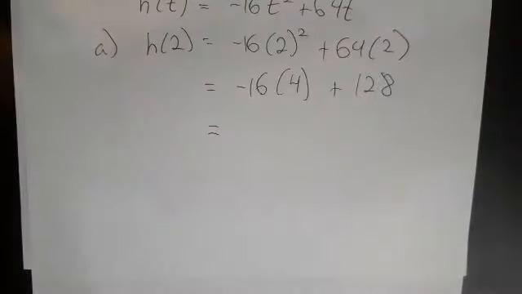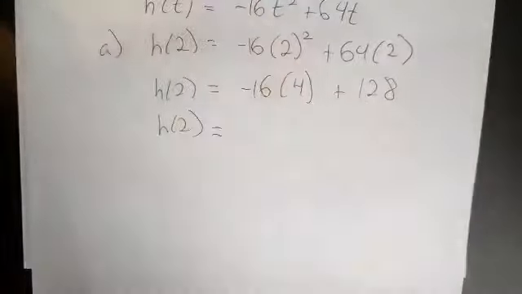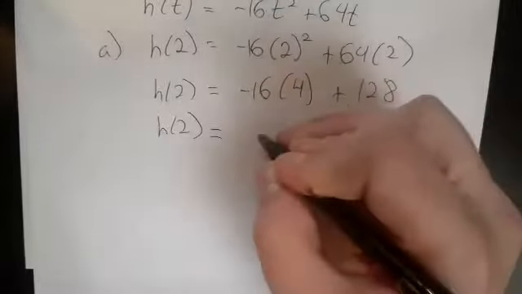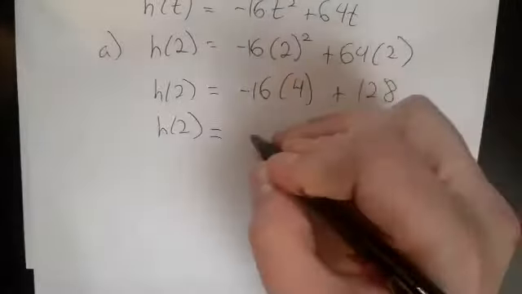I'm doing a bit of work here. Minus 16 times 4 is a minus 64. And then 64.